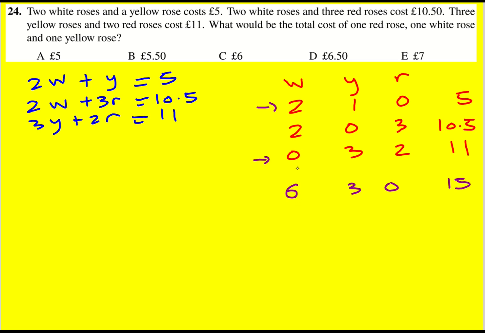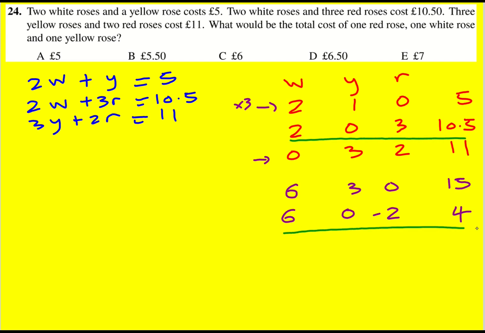So I've times this by 3, and then I'm going to do this one minus the 0, 3, 2, which will give me 6, 0, minus 2, and 4. So this is quite nice because I managed to get rid of that middle bit. And now I can actually use these two because they both have the middle bit missing. That's always what you're trying to do with these sorts of equations, eliminate one of the unknowns, because I've turned it into simultaneous equations with just two unknowns.